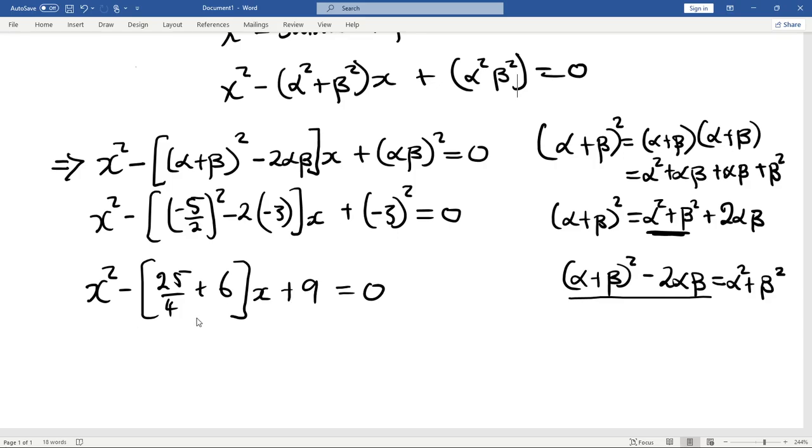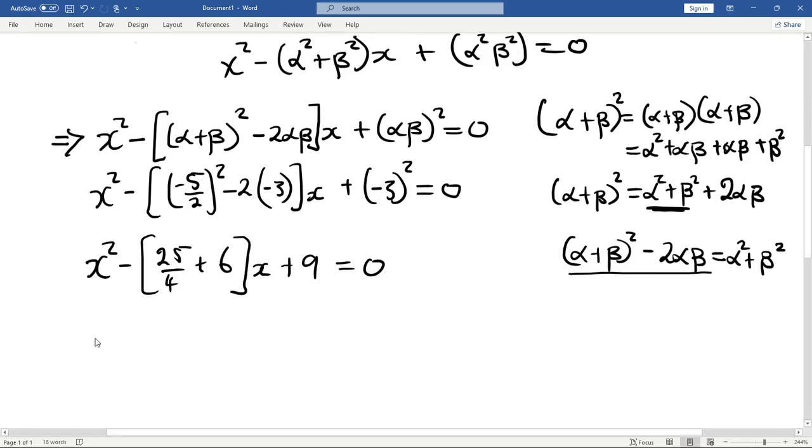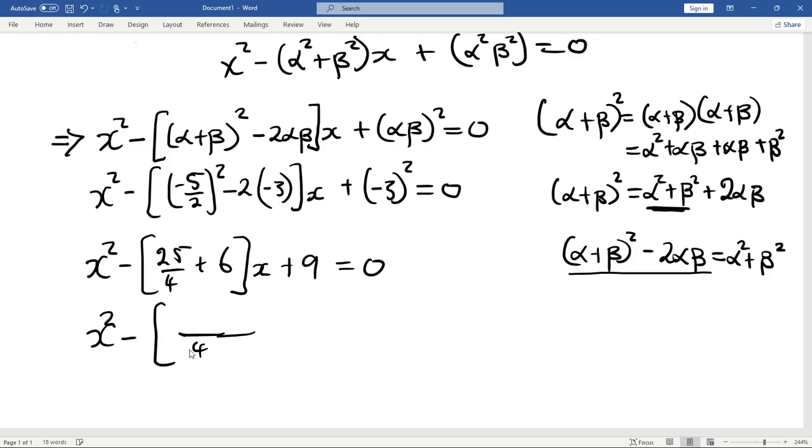Okay, now these two in the brackets are fractions, so we make them a single fraction. We find the common denominator. So we have x squared minus open brackets, the common denominator is 4, so we have 25 over 4, and 6 over 1 becomes 4 times 6, which is 24, x plus 9 equal to 0.